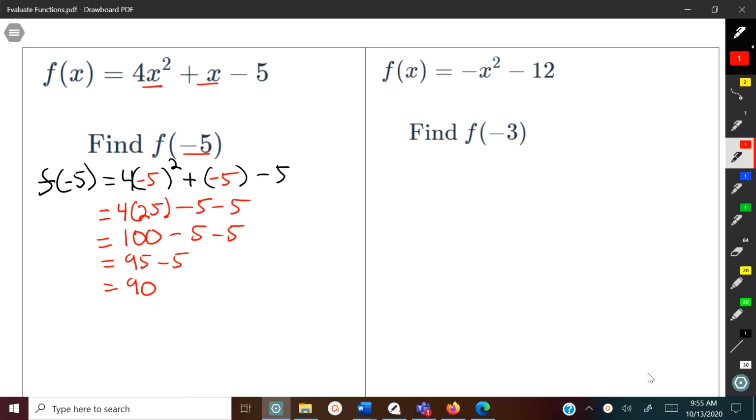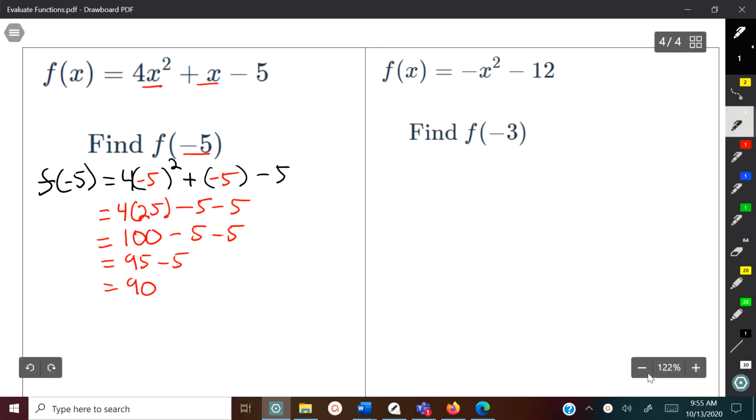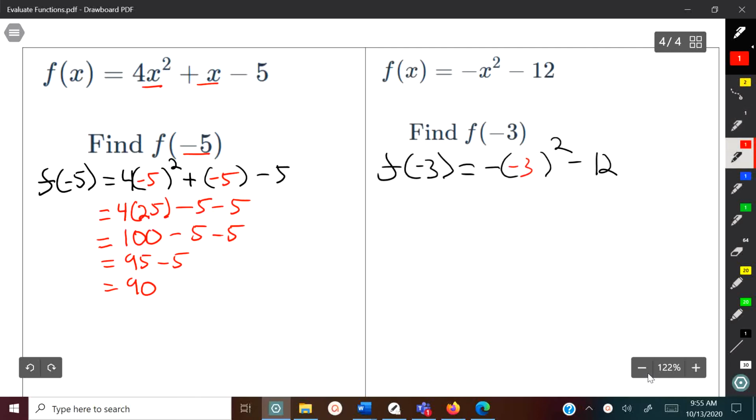Alright, let's take a look at this one. So we'll go ahead and we're going to plug in f of negative 3. F of negative 3 is equal to negative times the x, the negative 3 I'm going to plug in, squared minus 12. So I'll plug in my negative 3 here. The same x. Alright, so I'll keep working.